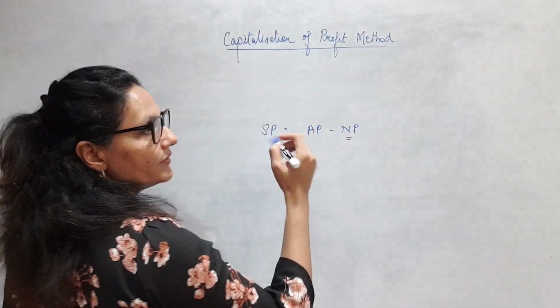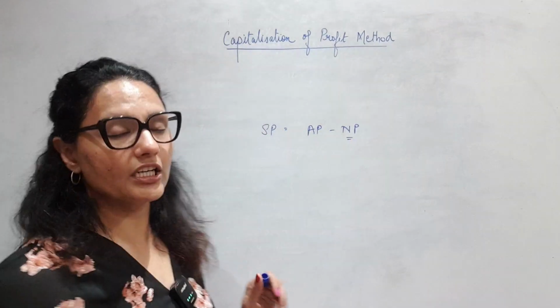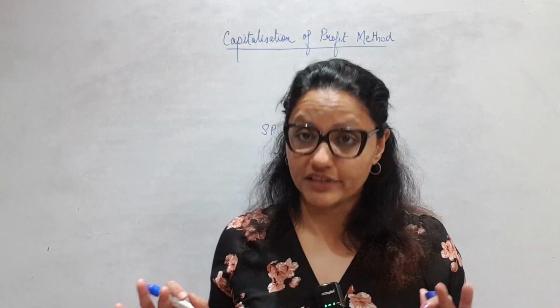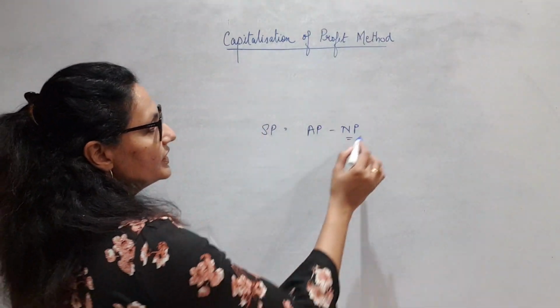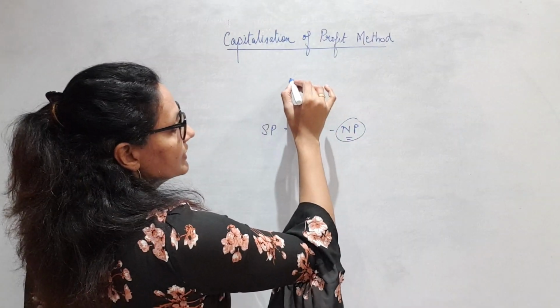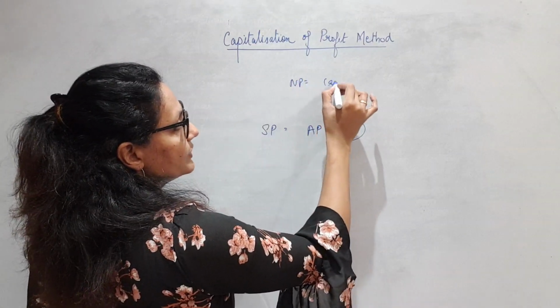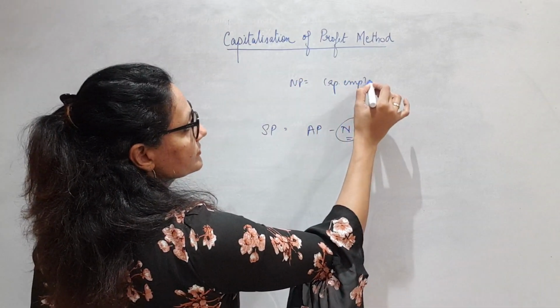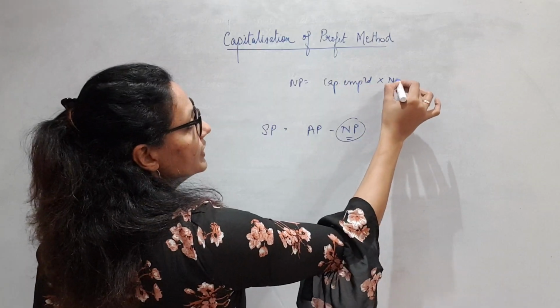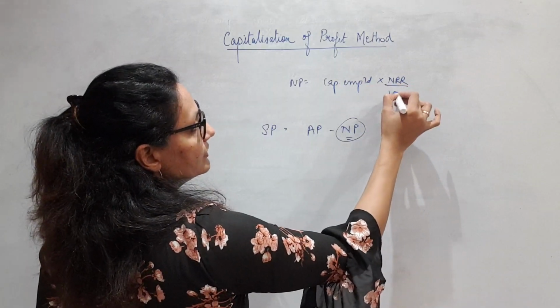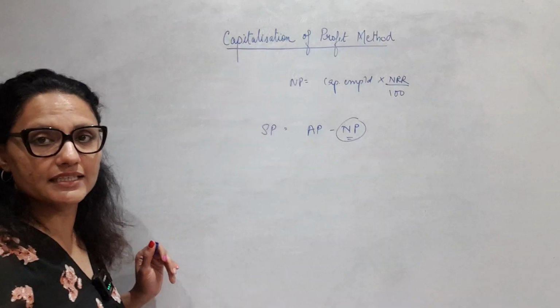For normal profit, we require the normal rate of return and the capital employed. Very important. So how did we get this normal profit? Normal profit was equal to capital employed into normal rate of return by 100, right?